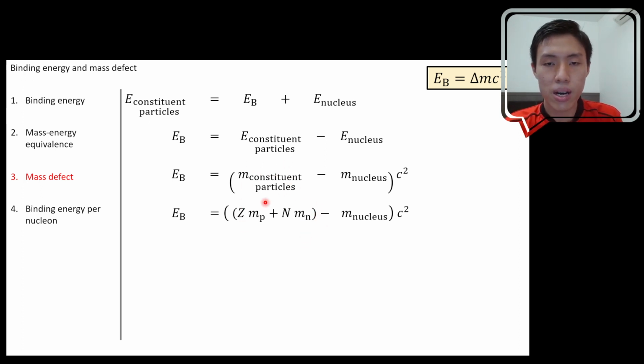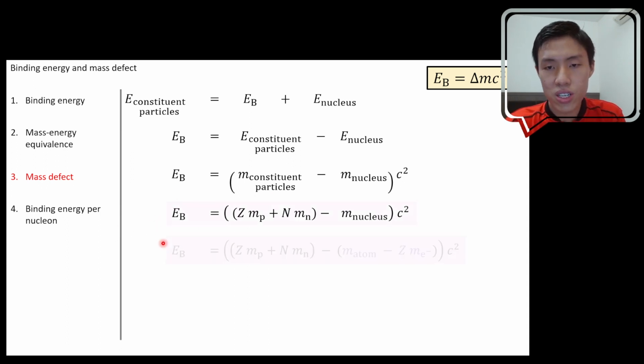So if you add them up, you get the total mass of all the individual separated nucleons that we need to form the nucleus. Okay, so this bracket here is the mass of constituent particles, so minus the mass of a nucleus, which we retain as the same thing. Okay, so this equation here allows us to determine the binding energy, where we can find the mass defect first by calculating this mass of constituent particles minus the mass of nucleus. So once you get this mass defect multiplied by c squared, you are able to get the binding energy.